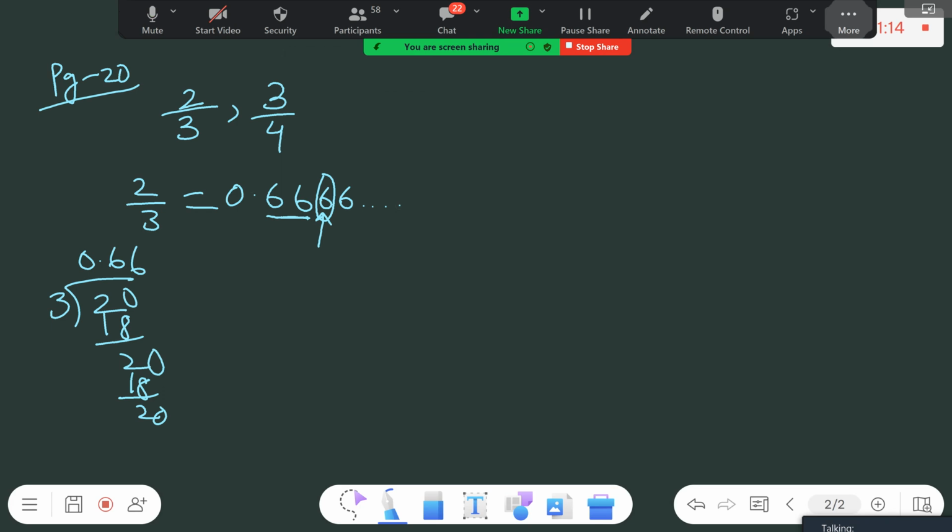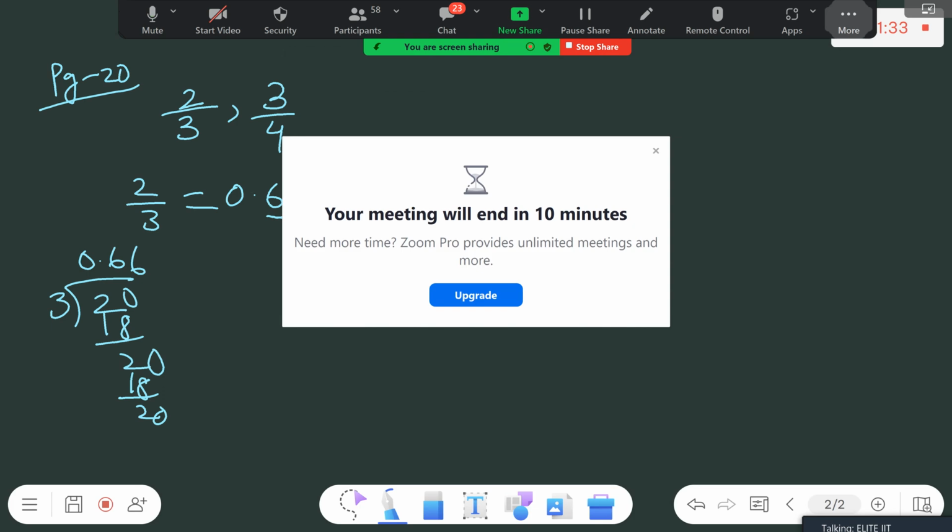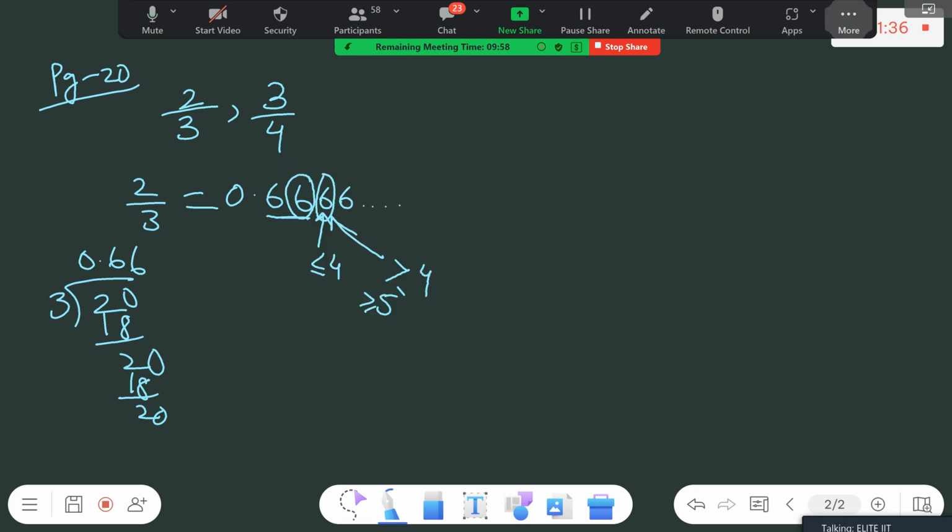If this digit is less than or equal to 4, then we will keep the last digit the same. But if this digit is strictly greater than 4, means 5 and above, 5, 6, 7, 8, 9, then we will add 1 to this 6.